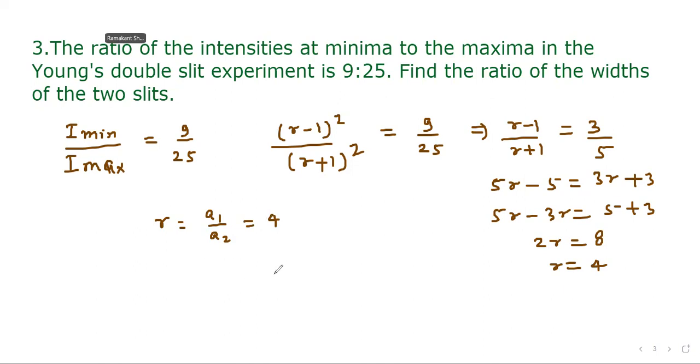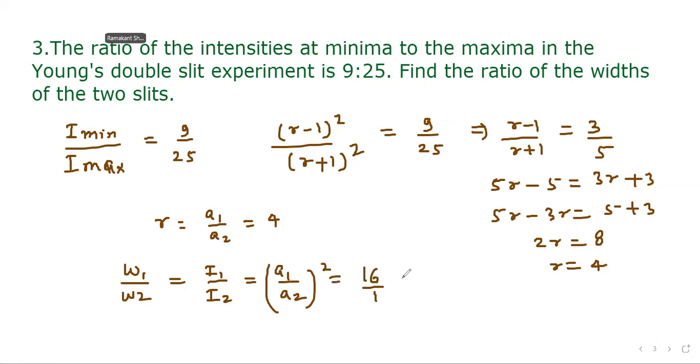Now we have to find out the ratio of width of the slits, W1 and W2, and they are equal to I1 upon I2, and I is proportional to amplitude square. So (A1 upon A2) whole square, that will give 16 upon 1, or 16:1. This is our answer.